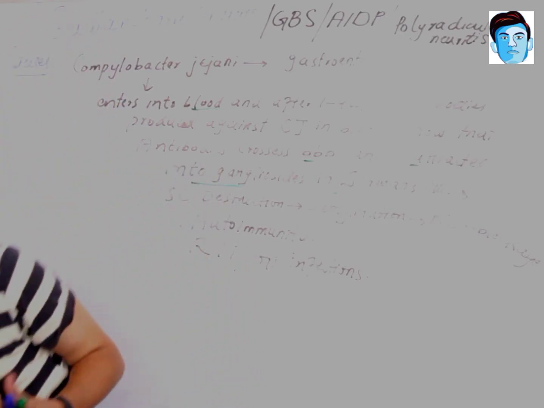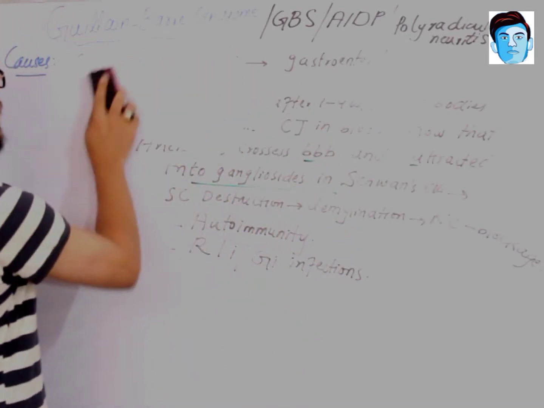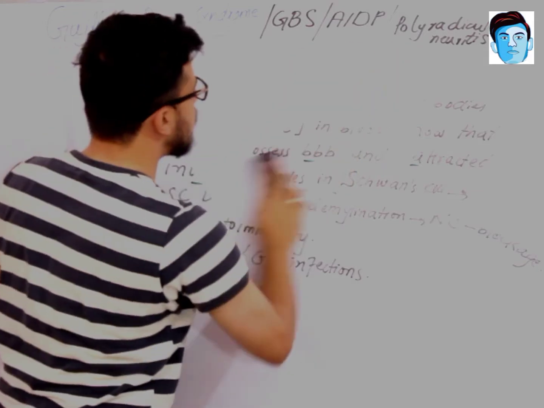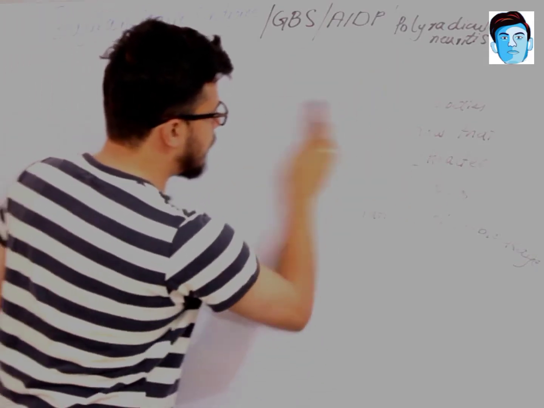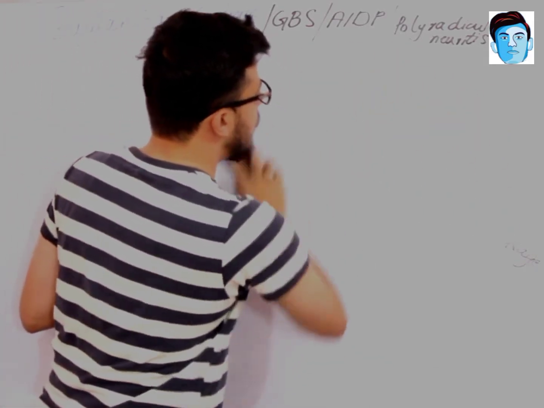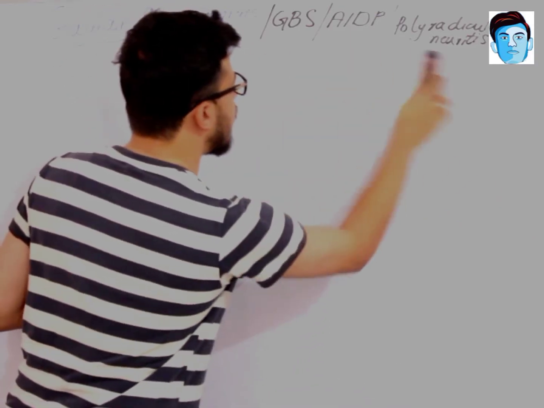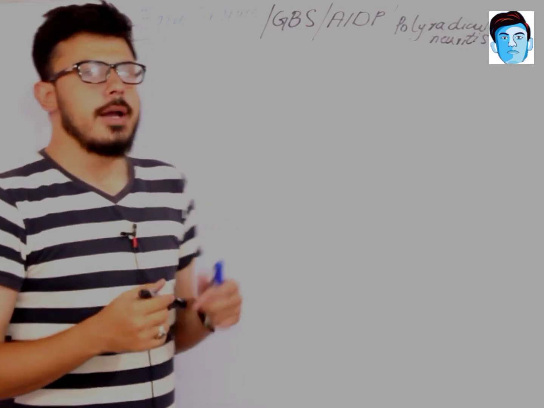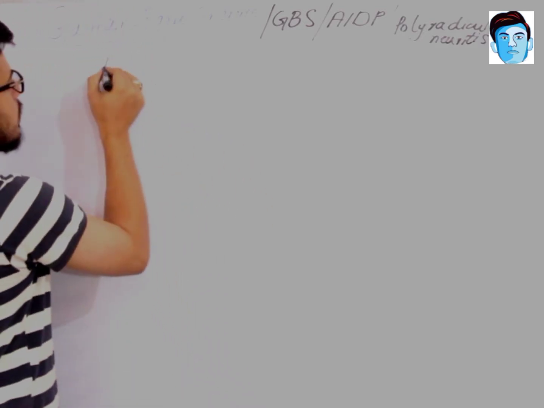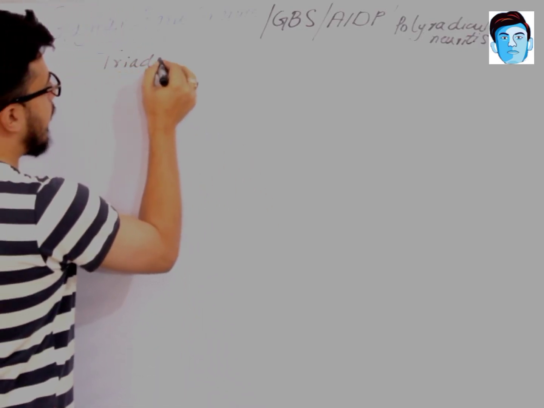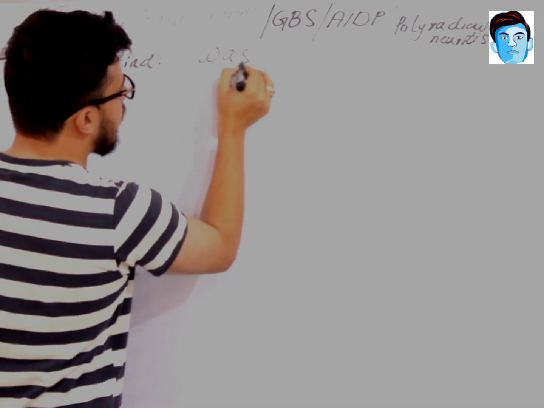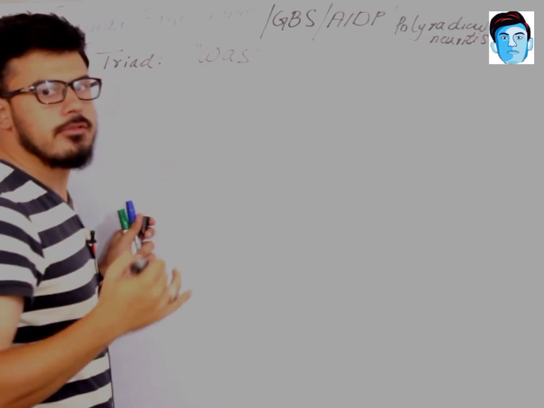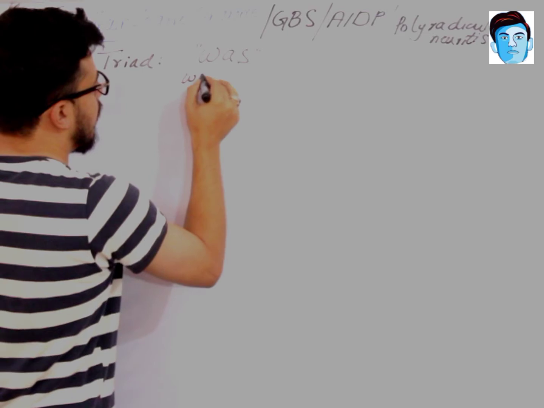So now let's discuss the causes of the clinical features of GBS, that is, how the patient will present to you if one is suffering from GBS. Now, as I told you earlier, GBS is associated with an important triad, and for that we have a mnemonic, WAS, where W stands for weakness of the body.